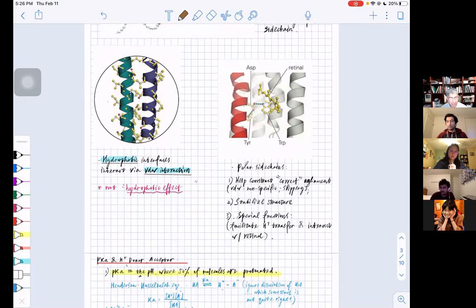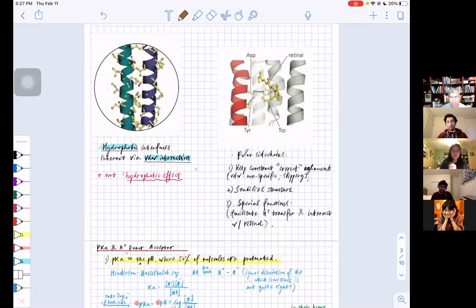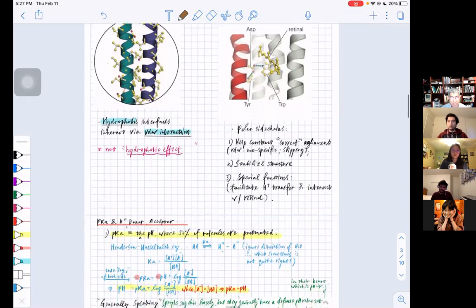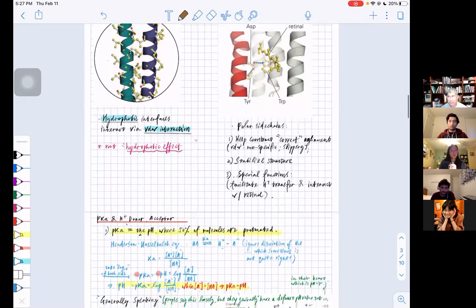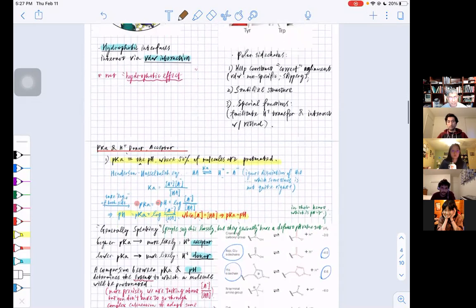Notice it is not what we usually think of as the hydrophobic effect in a soluble protein. It also has polar side chains, which have special functions. They can likely help construct the correct alignment of the alpha helices, because van der Waals interaction is slippery and non-specific. They can also facilitate the transport of protons and interact with retinal. So we'll see that later on.